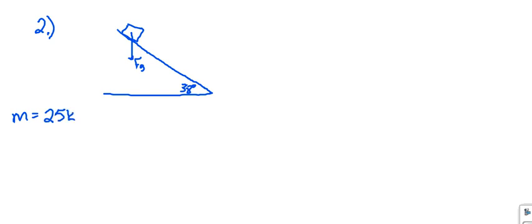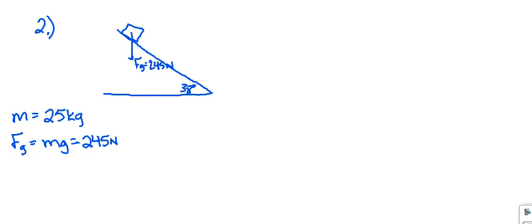Because I know the mass, I know the force of gravity on that mass, because the force of gravity is just mass times acceleration due to gravity, which is 9.8 meters per second per second. So we do 25 times 9.8, and you find the force of gravity, which is 245 newtons. So that's going to go here, 245 newtons.